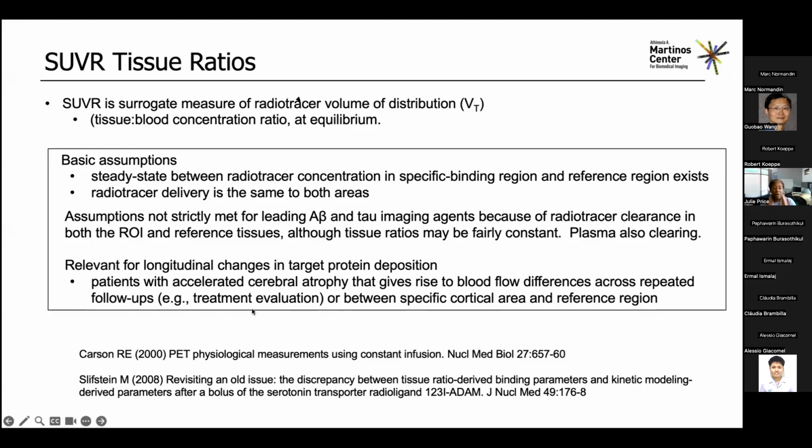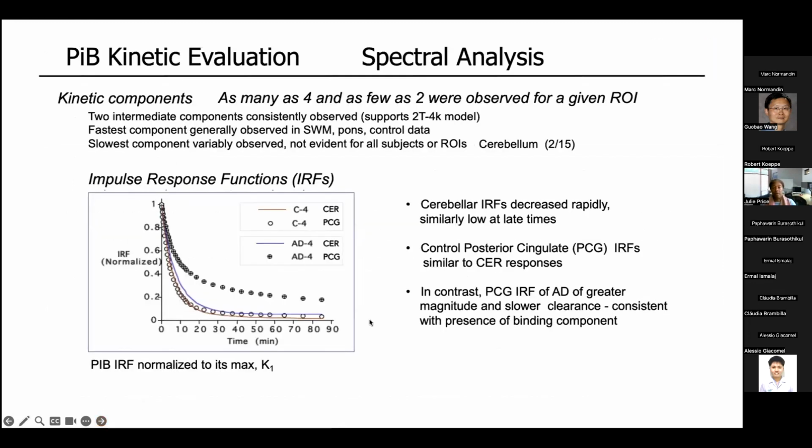This is relevant also for longitudinal changes in target protein deposition, and patients with cerebral atrophy can also influence blood flow differences across repeated follow-ups. So these are just things to think about when you're using the SUVR ratios. These are two references that really go into detail about the use of SUVR tissue ratios in non-equilibrium dynamic conditions.